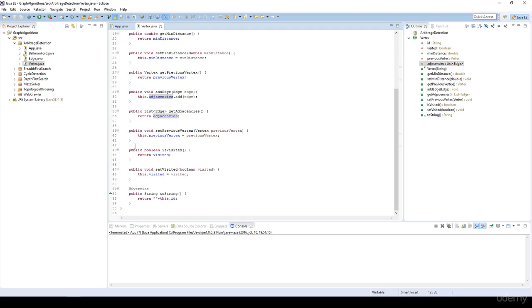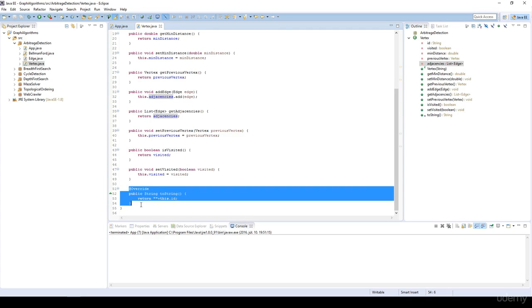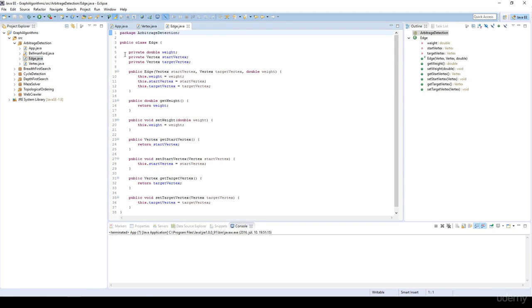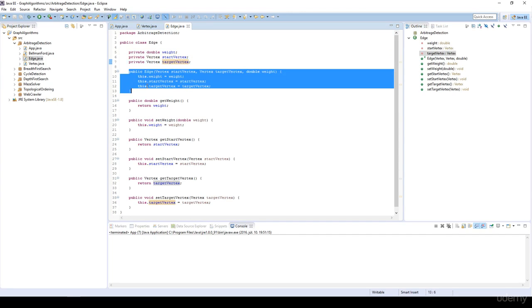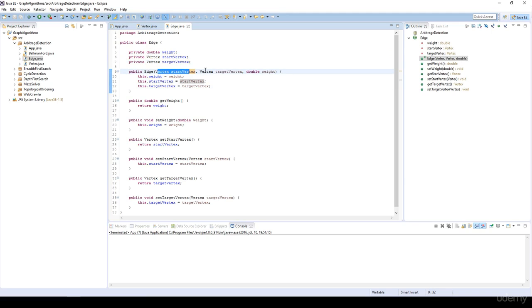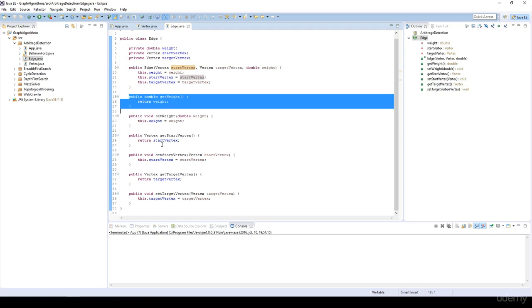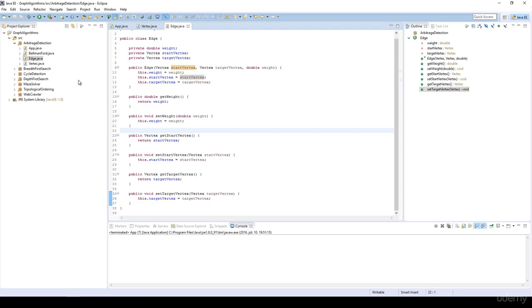And of course we have the getters and setters, and in the toString method we just print out the ID. Okay, then we have the edge class with the weights, with the start vertex and the target vertex, with the given constructor which has a start vertex, a target vertex and a weight, and initializes these parameters accordingly. And of course we have the getters and the setters.